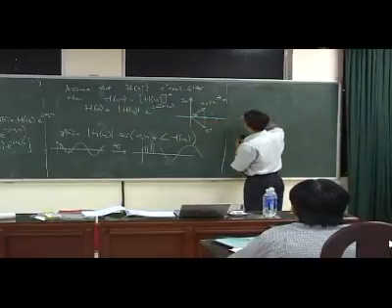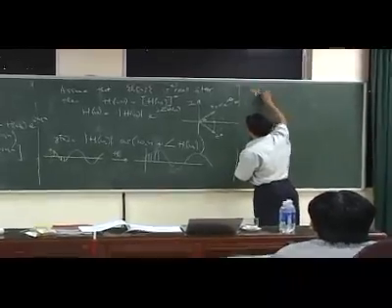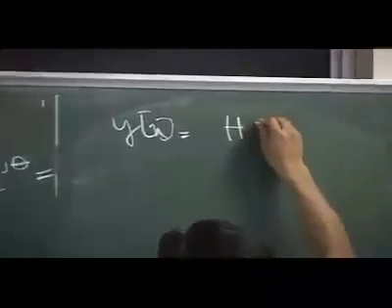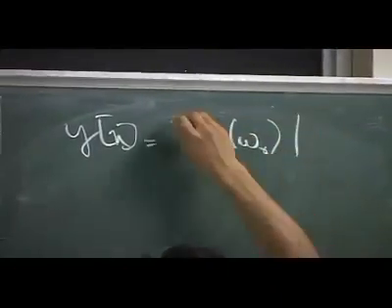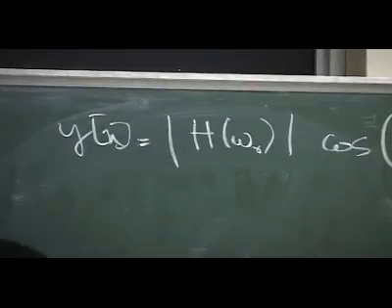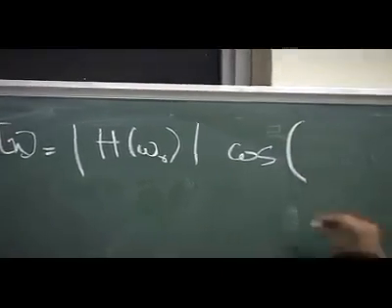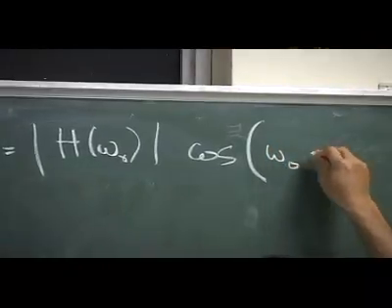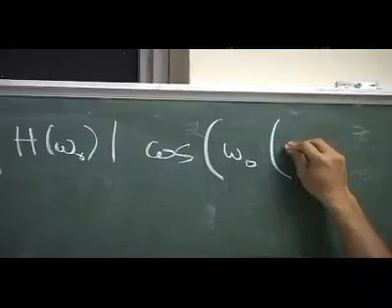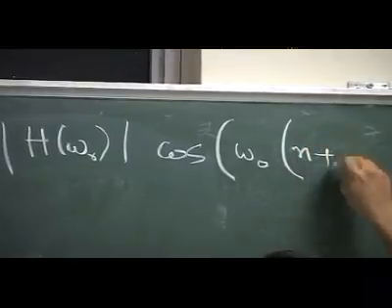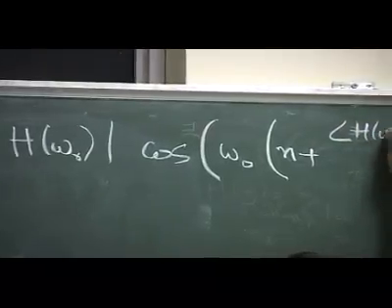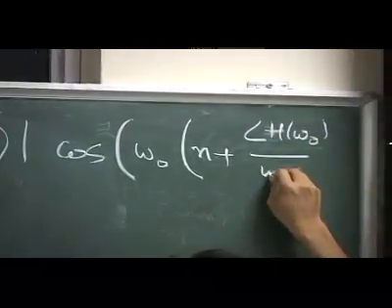When you want to write them, I can write y of n is equal to the magnitude of H of omega naught times cos of omega naught, and then inside here I have n plus the phase of H of omega naught over omega naught.